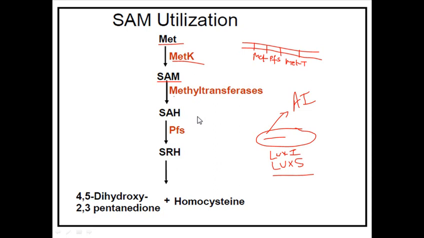So we need the methyl transferase enzyme, which can be coded by another gene here. After that, the SAM is converted to SAH, the homocysteine residue system. So adenine with the homocysteine residue in this case.